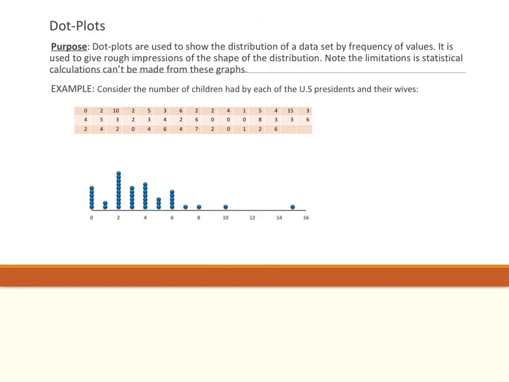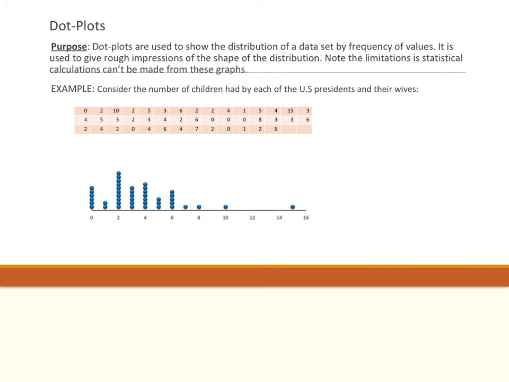So dot plots are used to show the distribution of the data set by frequency of values. It is used to give a rough impression of the shape of the distribution, but the limitation is that calculations really cannot be made from this graph, whereas in histograms you can find the center and spread measures relatively easily. We will show that in Chapter 3.